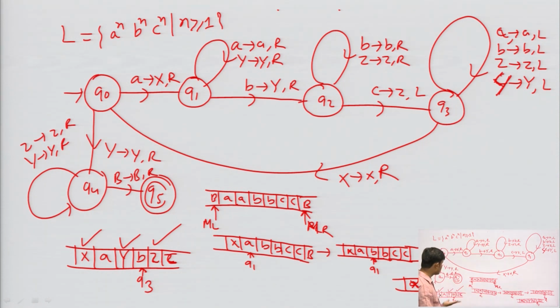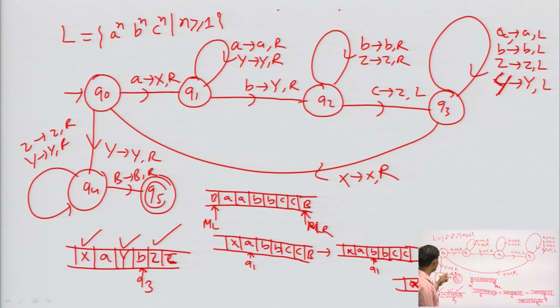After completion of all replacing with X, Y, Z, in Q3 you will see Z, Y, and you have to move left, then when it reaches X, it goes to Q0. If in Q0 all A, B, and C are replaced by X, Y, Z, you could not find A, so you must take a transition from Q0 to Q4 on Y, Y to YR.